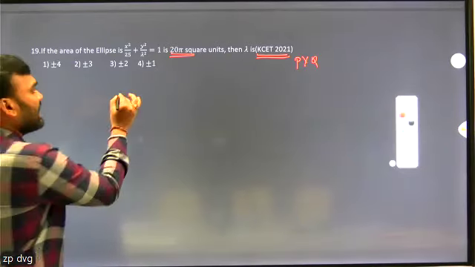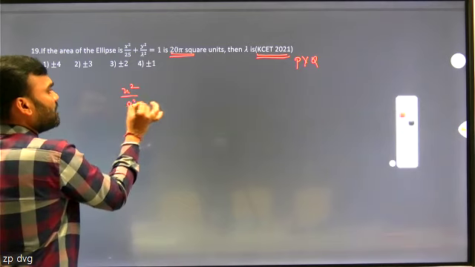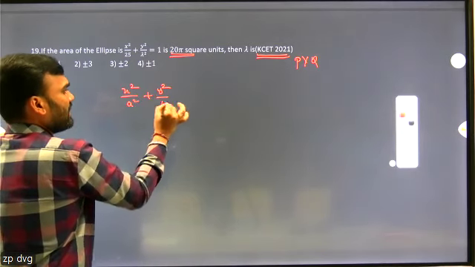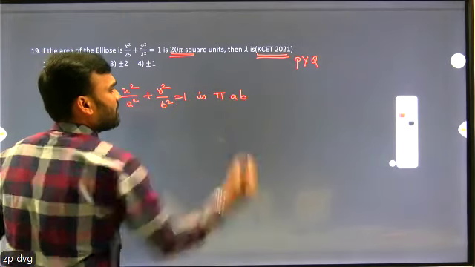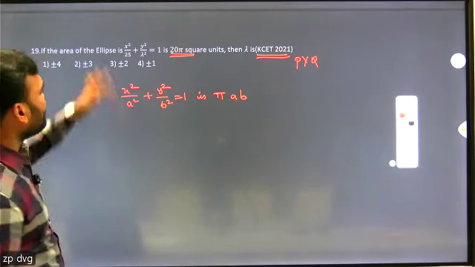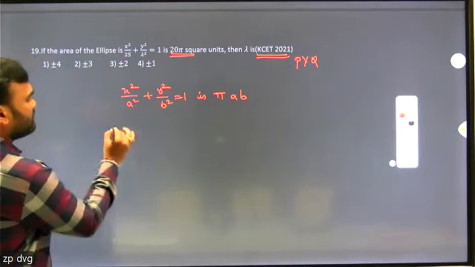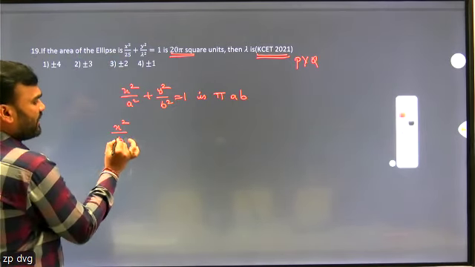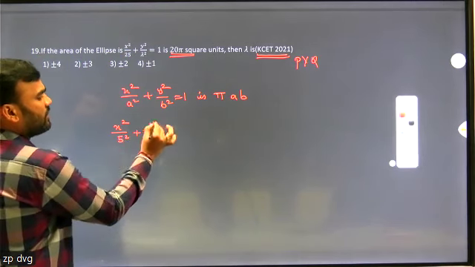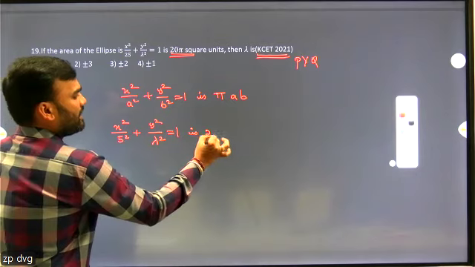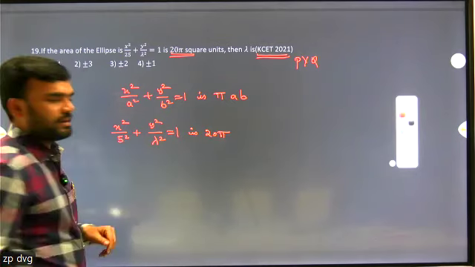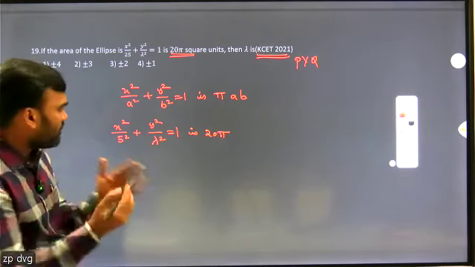We know x square by a square plus y square by b square is equal to 1, and the area of the ellipse is pi a b. Here the ellipse is x square by 25 plus y square by lambda square is equal to 1, with area 20 pi square units.